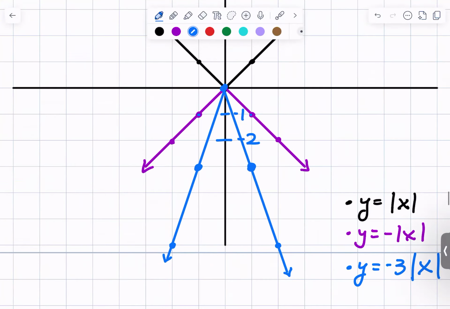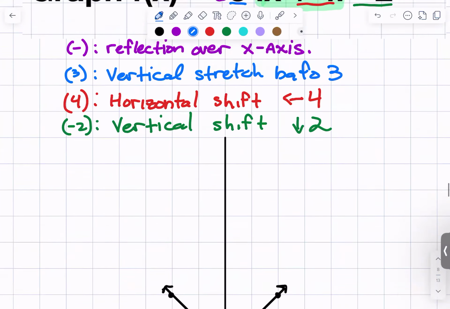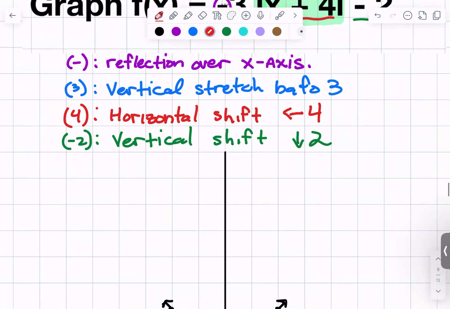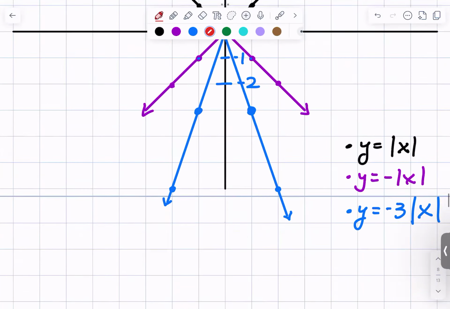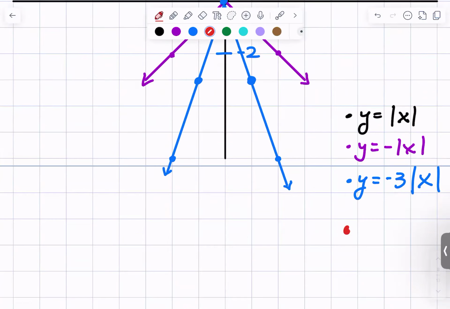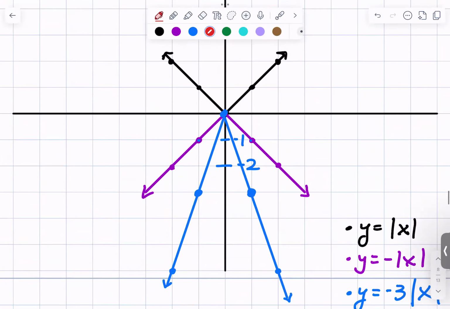No? And in red, I'm gonna move it over to the left 4 units. So this one is gonna be y equals -3 absolute value of x plus 4. Right? So I'm gonna literally move this over 1, 2, 3, 4 to that point.